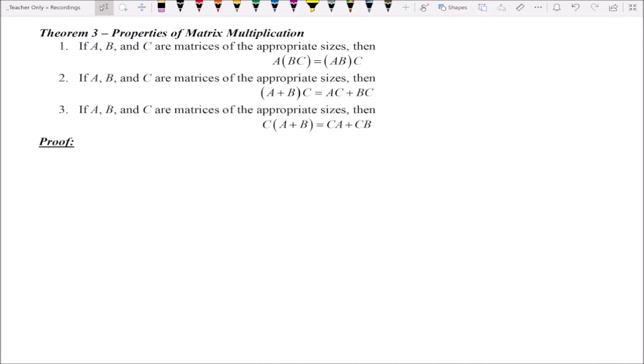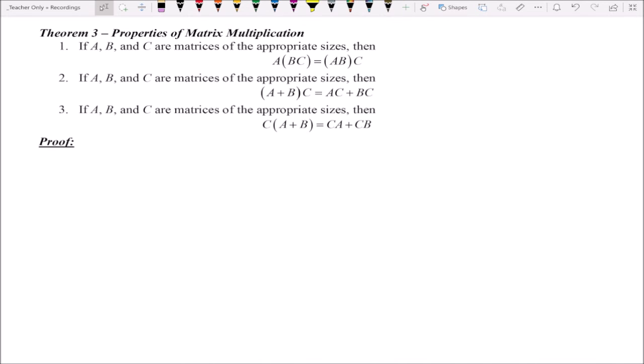Property 2: if A, B, and C are matrices of the appropriate sizes, then (A plus B) times C is equal to A times C plus B times C. Property 3 says that C times (A plus B) is equal to C times A plus C times B. 2 and 3 together state that matrix multiplication distributes across matrix addition.